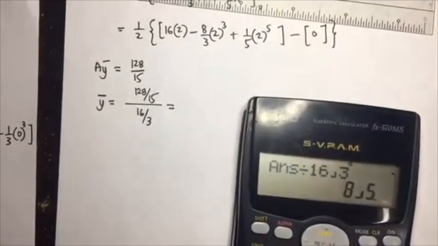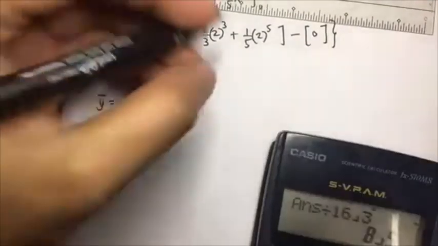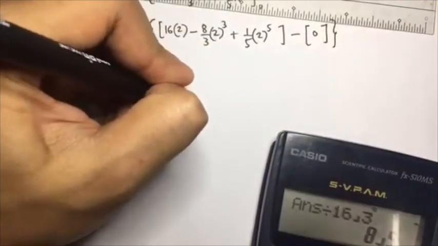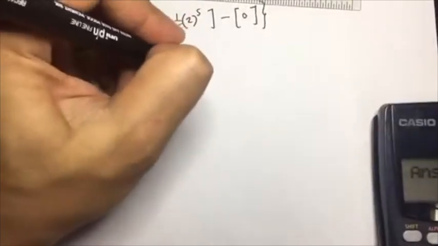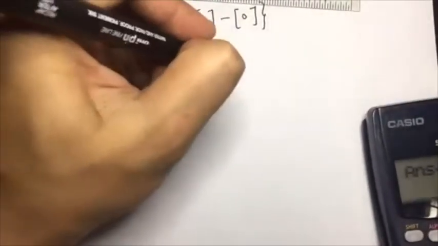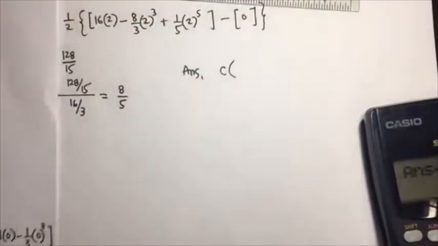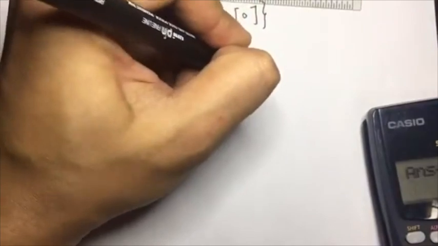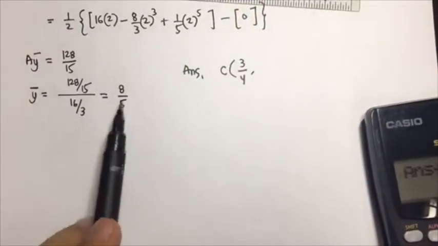So the y coordinate is 8 over 5. Therefore, for our final answer, the centroid is located at x bar is 3/4 and y bar is 8 over 5.